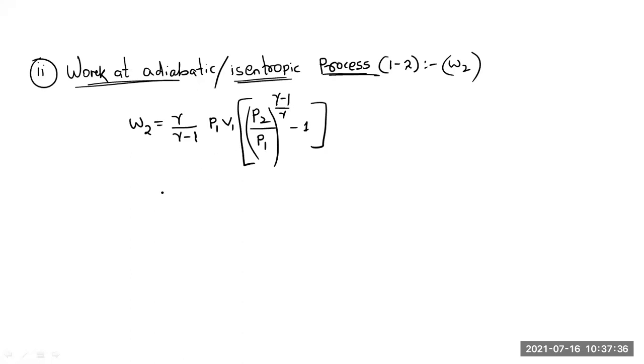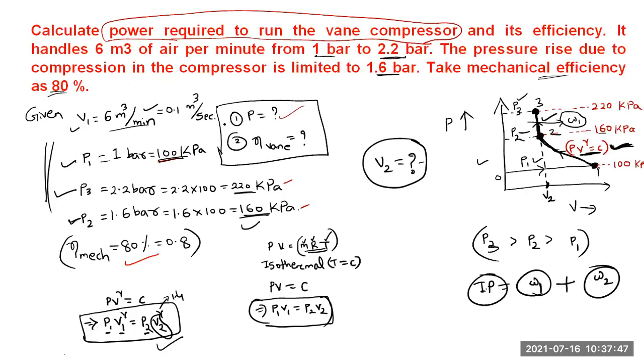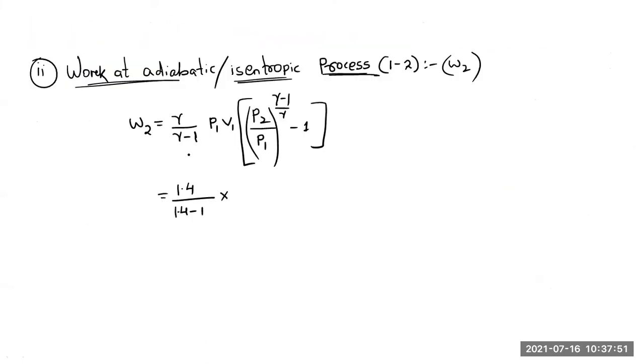So what is gamma? Gamma value is 1.4, divided by gamma minus 1, which means 1.4 minus 1, into what is P1? It is already given in the question. P1 is 100 kilopascal, so we write 100. What is V1?